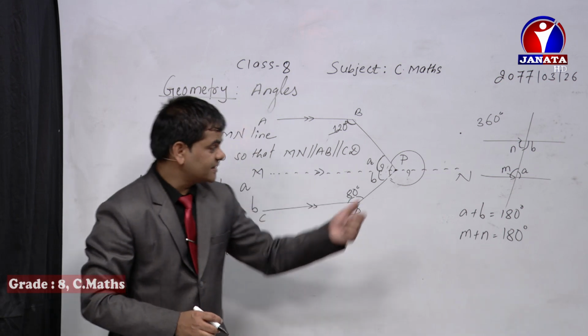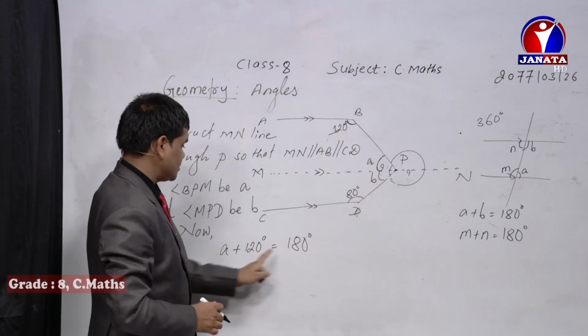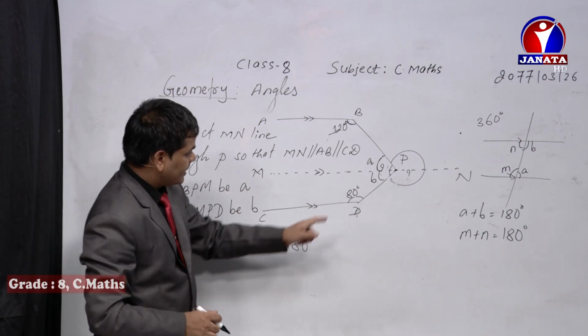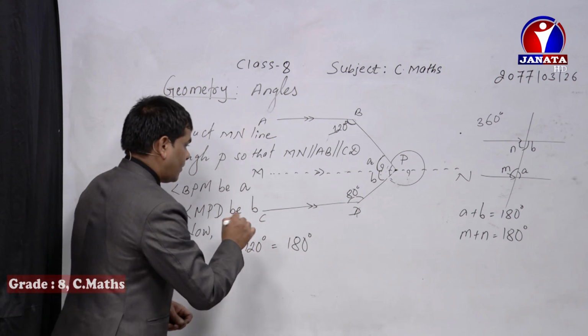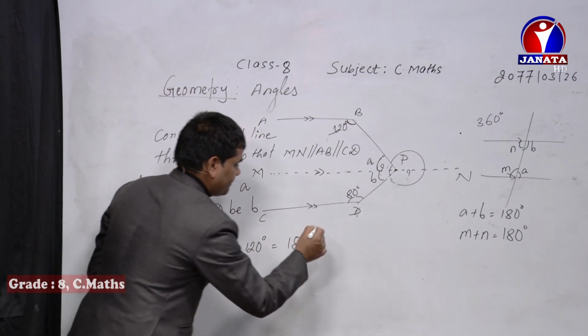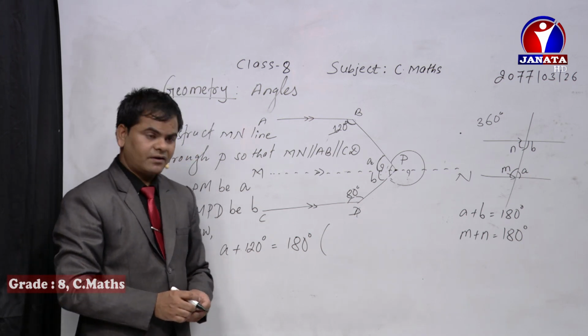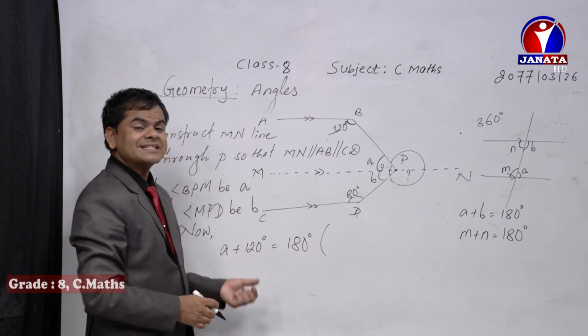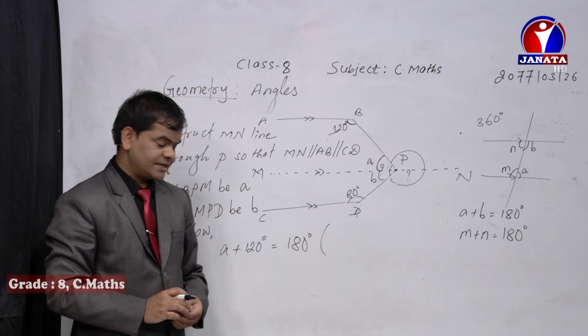So if you use this concept here, then A plus 120 degree must be 180 degree. Similarly, B plus 80 degree also has the sum of 180 degree. So what you have to write in here? We must clarify the reason. After presenting the statement, we need to present the reason as well in case of geometry, dear student.